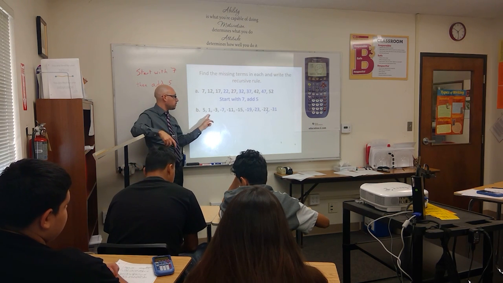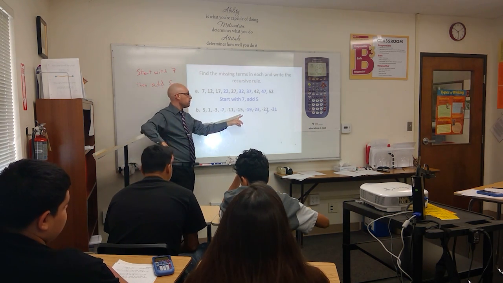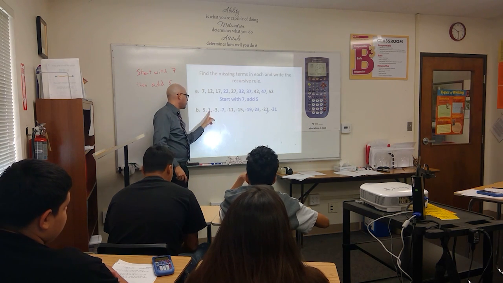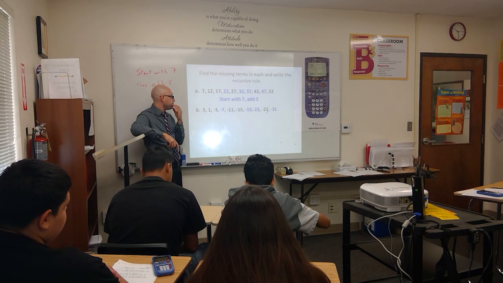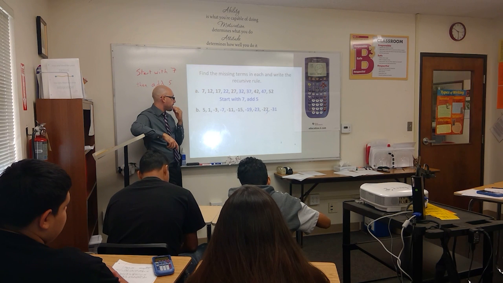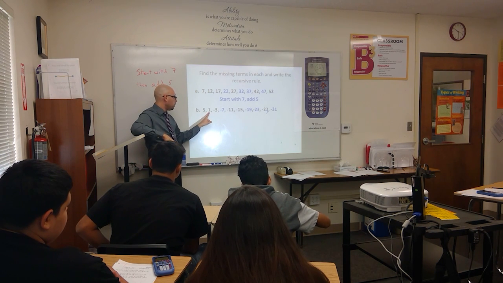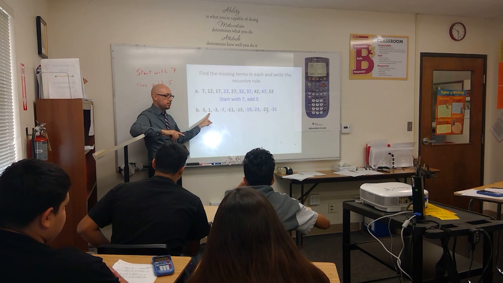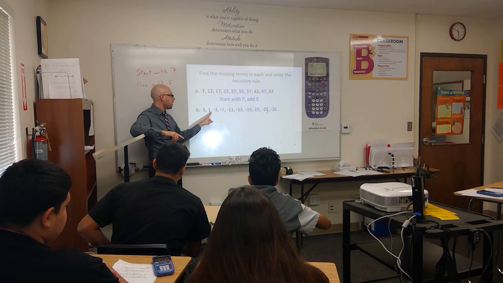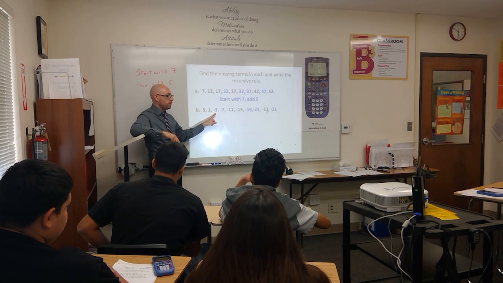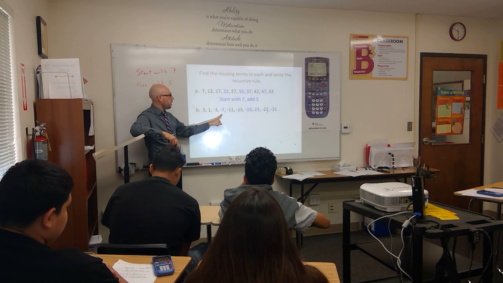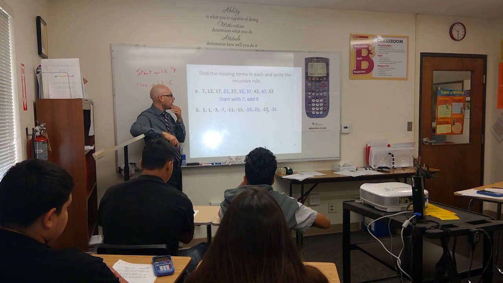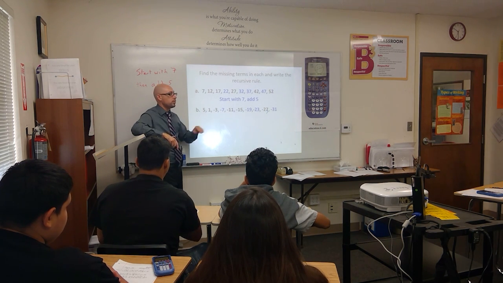Check your missing numbers. What are we doing? Subtracting 4. So 1 minus 4 is? 1 minus 4 is what? Negative 3, okay. How about negative 3 minus 4? Alright, is there another thing you could do?